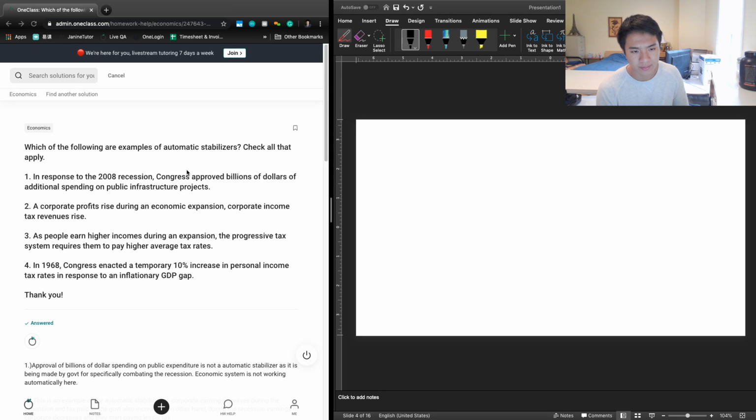Is this an automatic stabilizer? I think in some senses, yes, but it depends on if the tax scales, the way it does for question 3. If corporate profits rise during economic expansion, and the corporate income tax were to stay at the same flat rate, I'm not sure how that would necessarily slow down the economy, right?